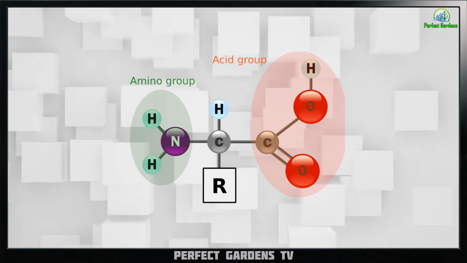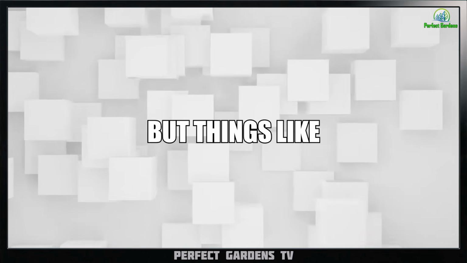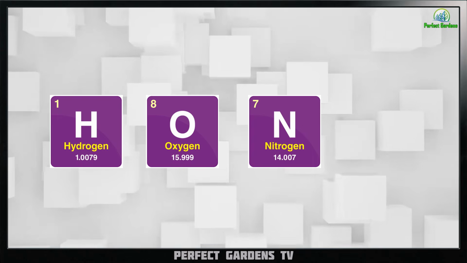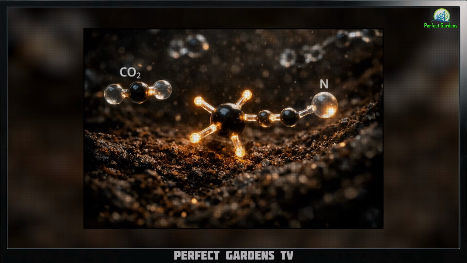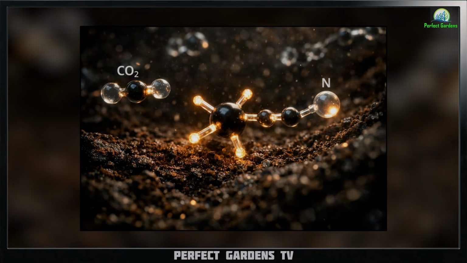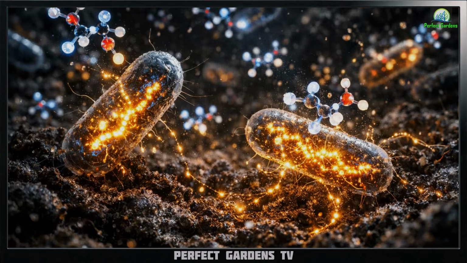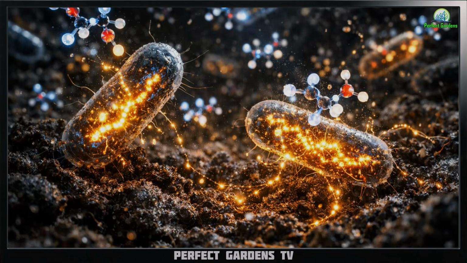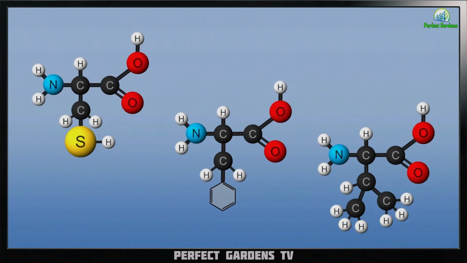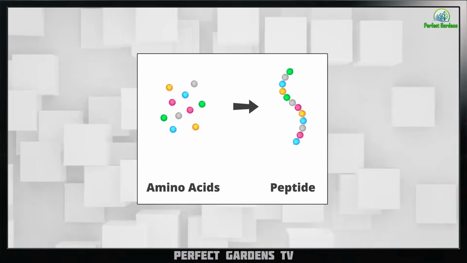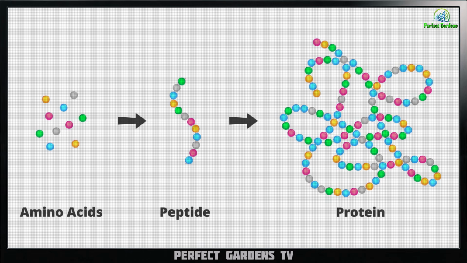And why is that? Well, first, let's just talk real quick about amino acids. We got into this a couple videos back, but things like hydrogen, oxygen, nitrogen, and carbon. Those are gases, right? But how do those gases attach to a solid environment so that the microbes can take those amino acids and begin to produce enzymes, that then go and help allow other amino acids to form together to produce peptides, that then when more peptides form together, they produce proteins.